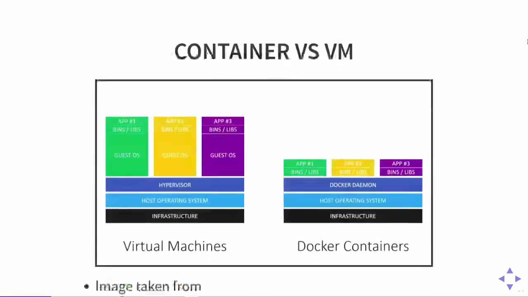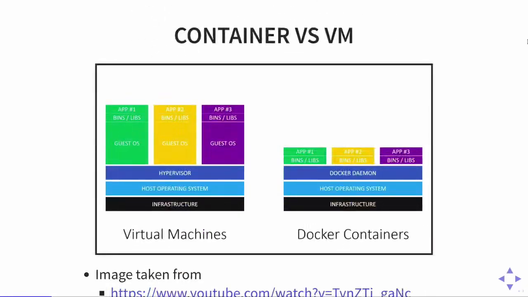And how it looks graphically, I just took that graphic from the YouTube video. When you compare with virtualization, you have one layer less, and that means you can take advantage of much more resources between those applications.